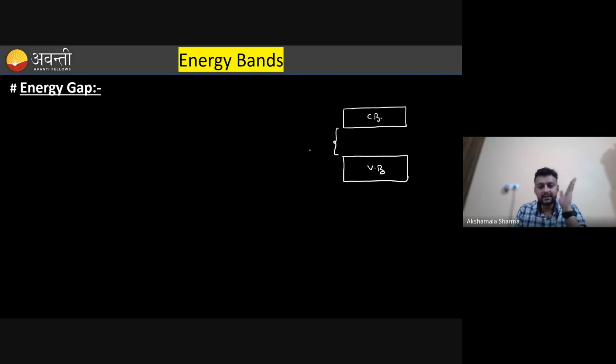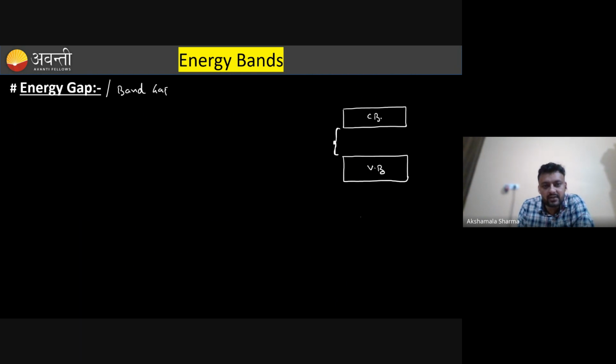I think it is clear to you that these bands are nothing but a collection of energy levels. So it is representing energy levels. Clear? So the gap between these two bands is known as the energy gap, and sometimes it is known as the band gap.